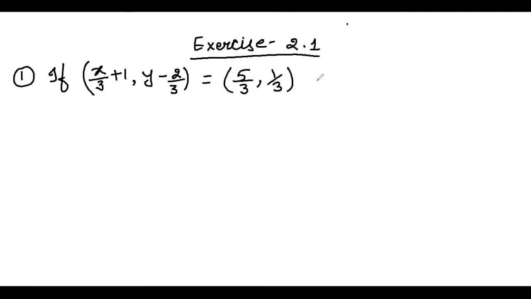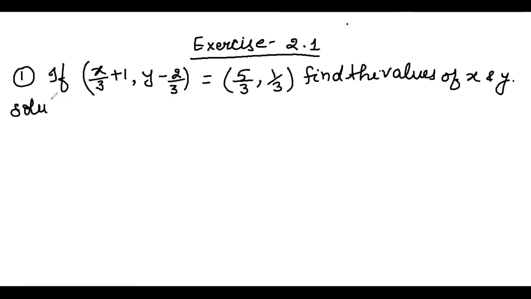Then find the values of x and y. We have to find out the values of x and y. So we know from equality of ordered pairs that whenever two ordered pairs are equal, then we can take their respective elements.